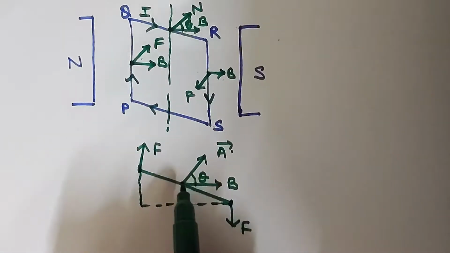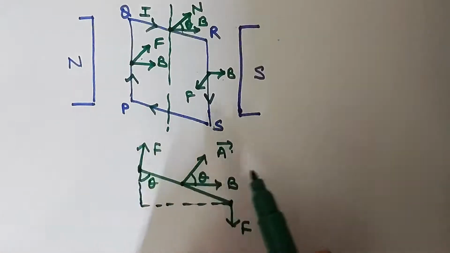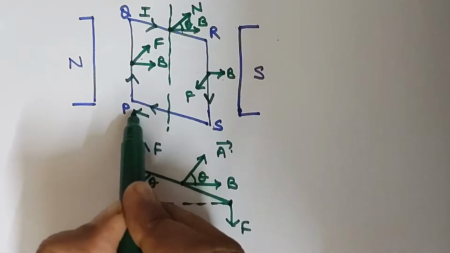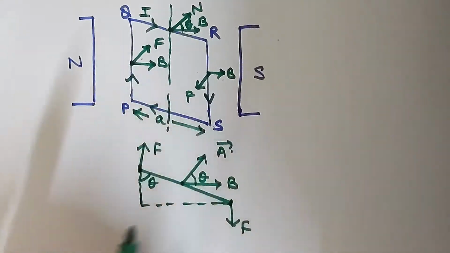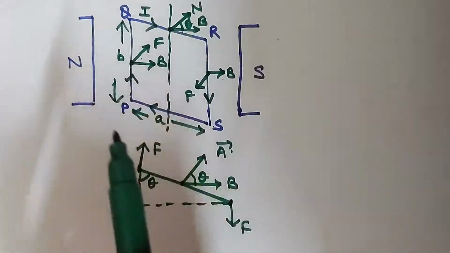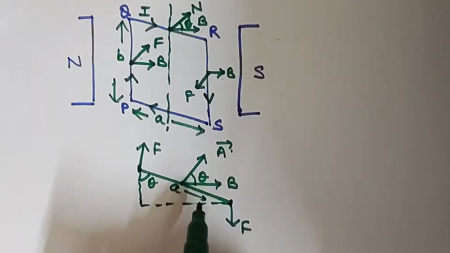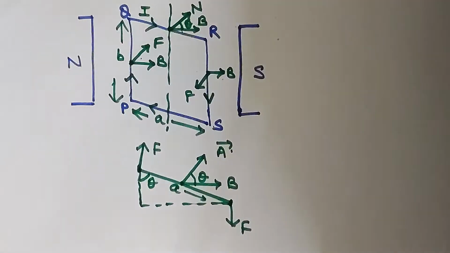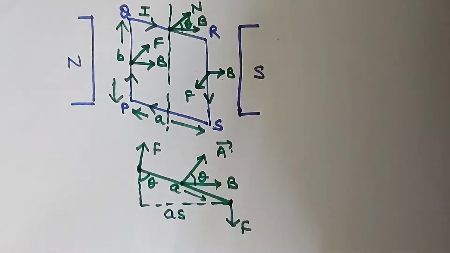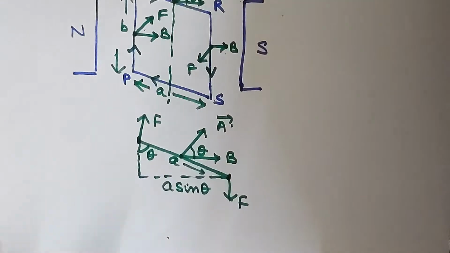This angle theta, this is also theta. Now the length we will take, this is A and this side is B. So this is A from here to here, the full length, and this will be A sine theta.